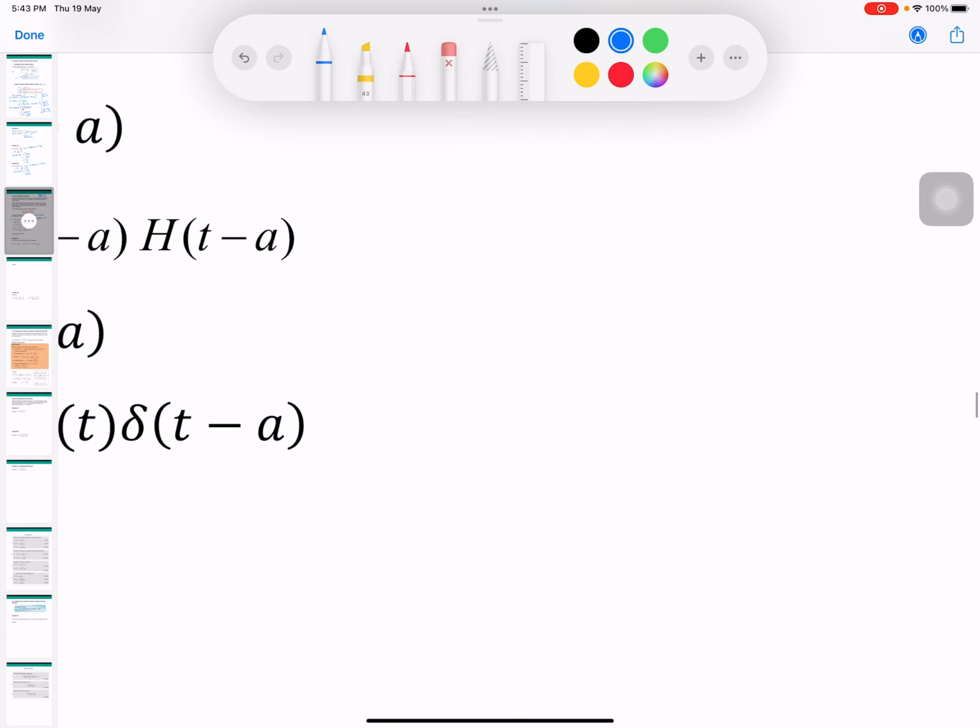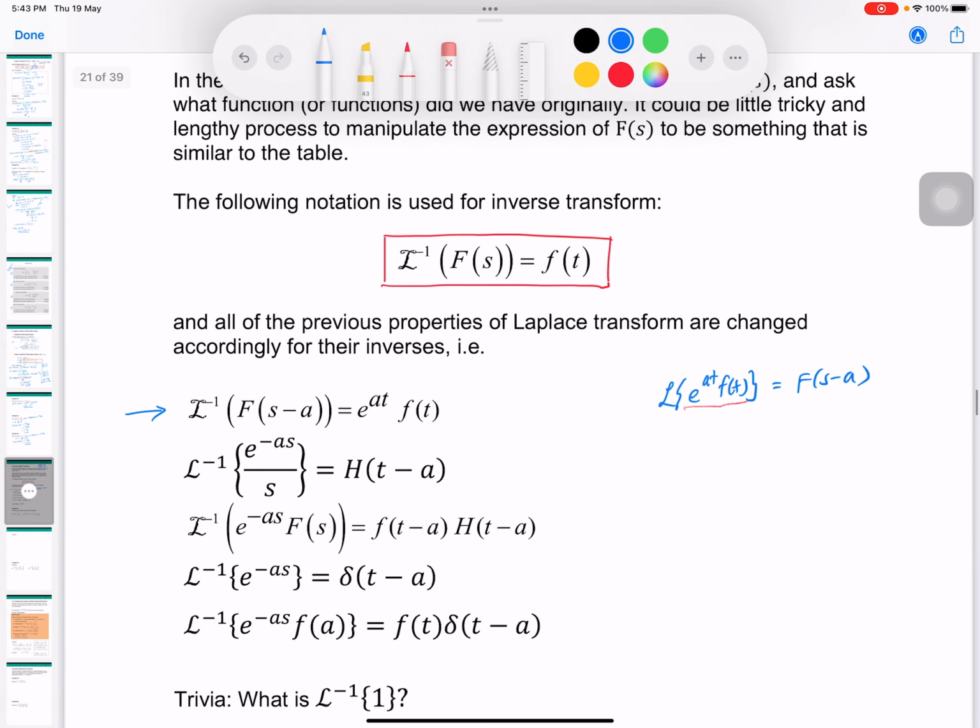Okay, second one, we have also Laplace of Heaviside function H(t minus a) equals e to the negative as over s. So the inverse Laplace of this gives you H(t minus a). That is the second one.